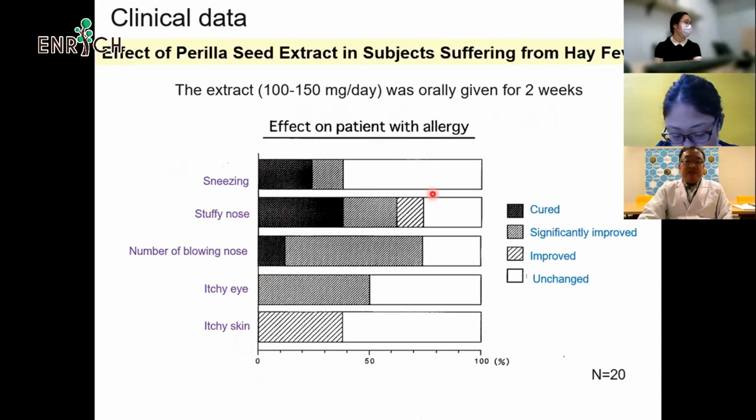As a result, in 70% of subjects, stuffy nose and the number of nose blowing were improved by pear seed extract. Also, in 40 to 50% of subjects, sneezing, itchy eyes, and skin were improved.